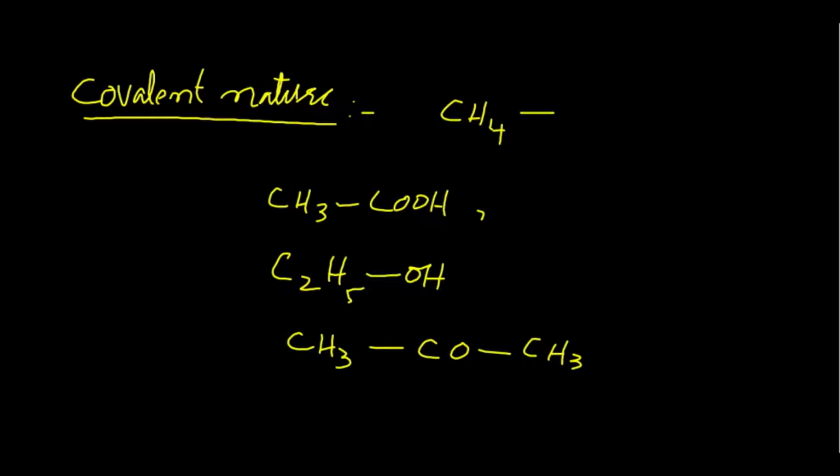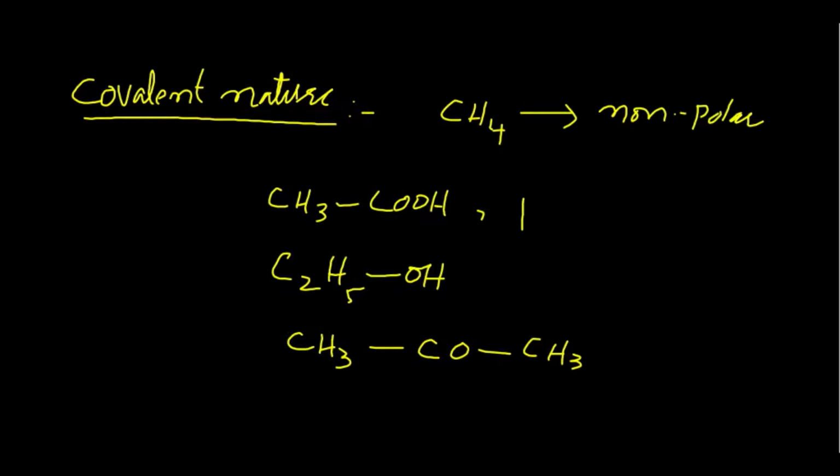Since they are covalent in nature, either they have polar or non-polar covalent bonds. For example, here in methane, we can observe the type of covalent bond, students. Here the bonding is non-polar covalent bond.